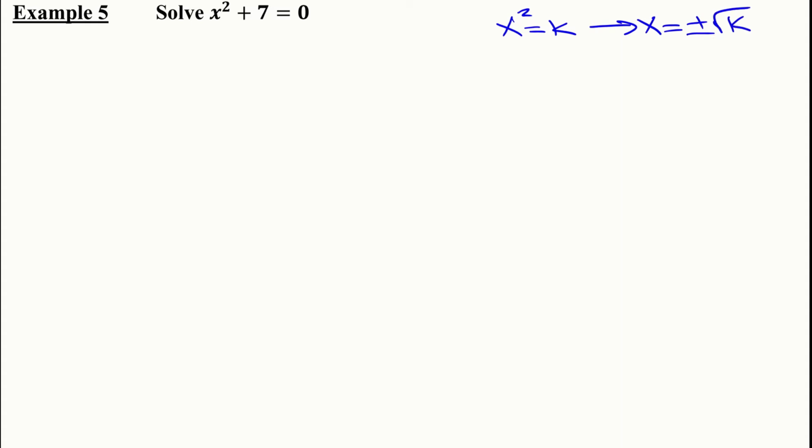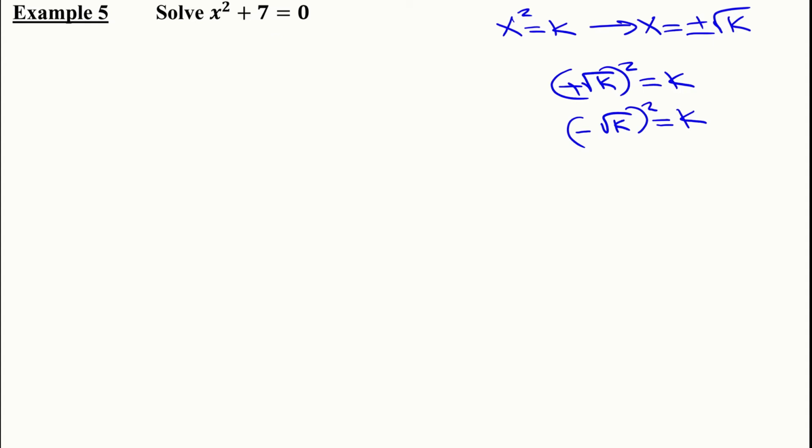Of course, it's easy to see why that's true, because when you take the positive square root of k and square it, you get k. And when you take the negative square root of k and square it, you also get k. So this can always be utilized when there is no x term, only a square term and a constant.